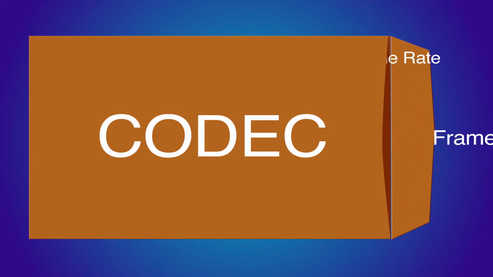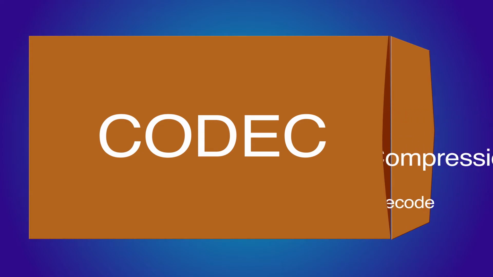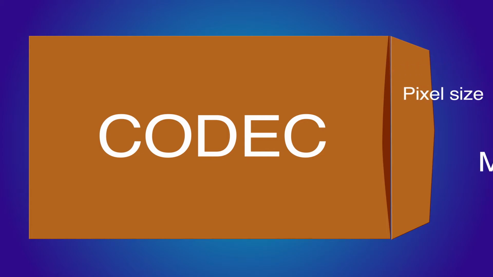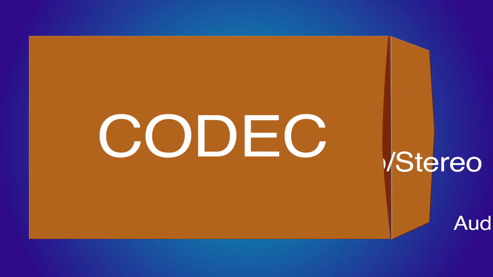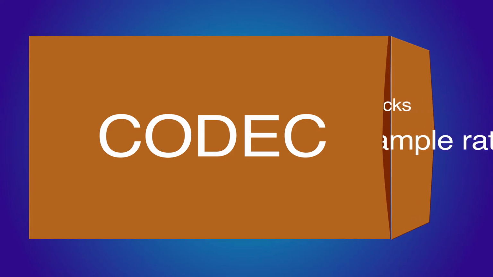So the first is codecs. Well, it was explained to me by a broadcast engineer that a codec is basically an envelope that contains all the information about the video that you're shooting. Frame rate, frame size, color temperature, time code, how the picture was compressed, what algorithms are being used, what size are the compression blocks, all this kind of stuff. And then, of course, audio.